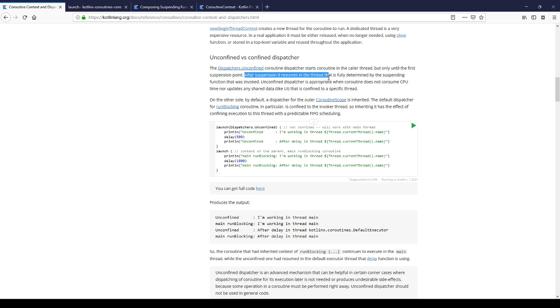After suspension, it resumes in the thread that is fully determined by the suspending function that was invoked. Unconfined dispatcher is appropriate when a coroutine does not consume CPU time nor updates any shared data that is confined to a specific thread.